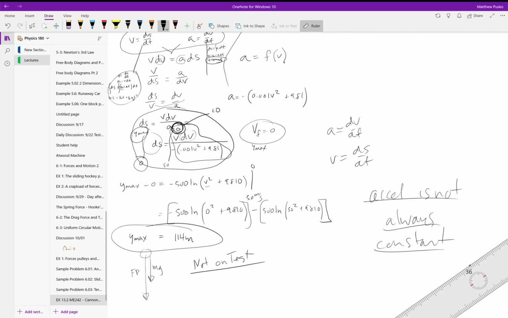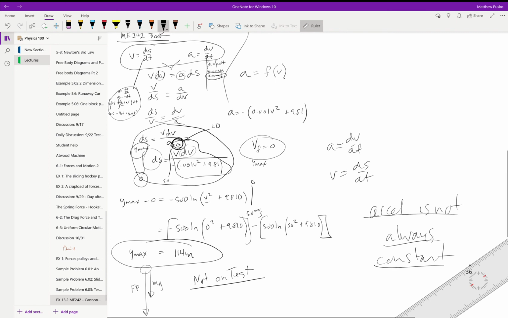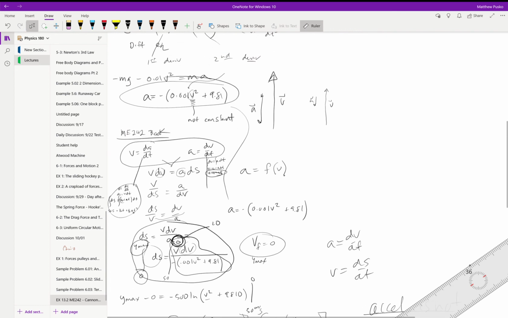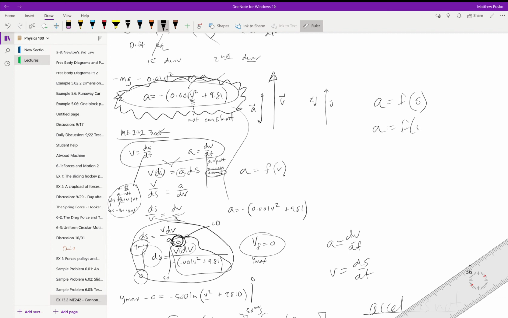We just solved this problem for the acceleration, and when we did it, we got this right here. We got a function of v with no v to just plug in, right? The acceleration could be a function of position too. In this case, it was a function of velocity.